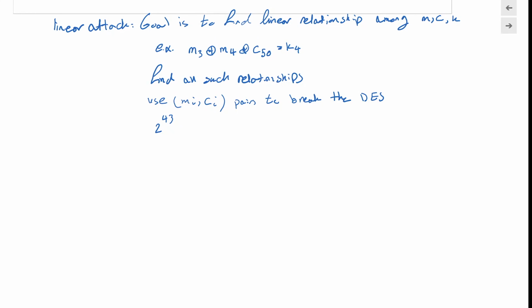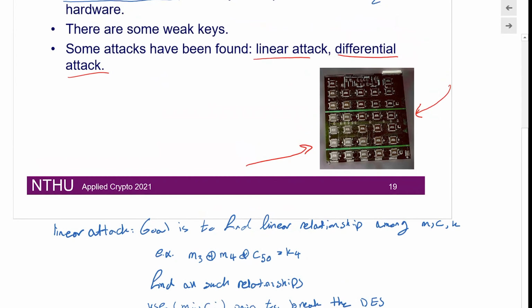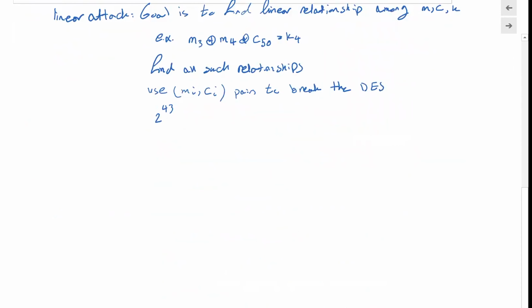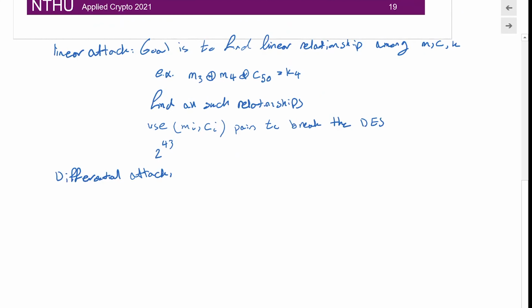Another sort of attack that we discussed was the differential attack. The idea of this attack is that attackers use this technique to study how changing the message would change the corresponding ciphertext.